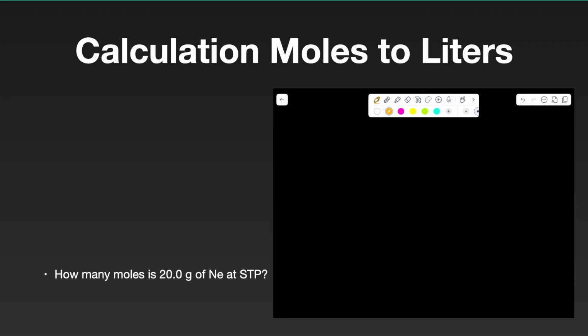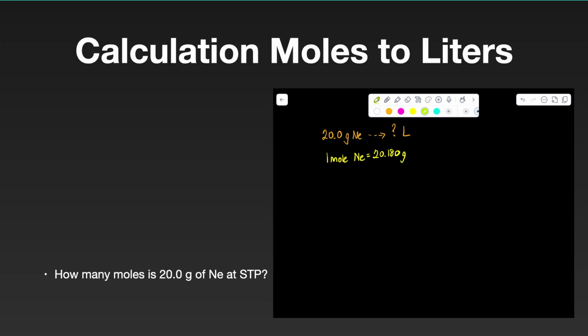Let's do another problem. How many liters is 20 grams of neon at STP? Okay. So first of all, we know that 1 mole is equal to 20.18 grams.